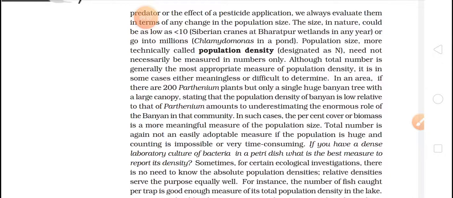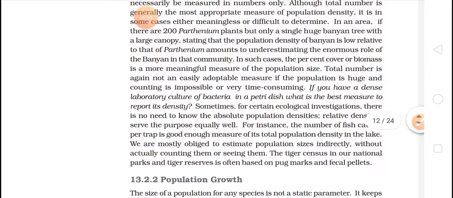The total number is again not an easily adoptable measure if the population is huge. So the population should not be more and it should not be less. There should be a proper ratio between the size and the biomass. It should have some equal ratio, and this will give you a good area.